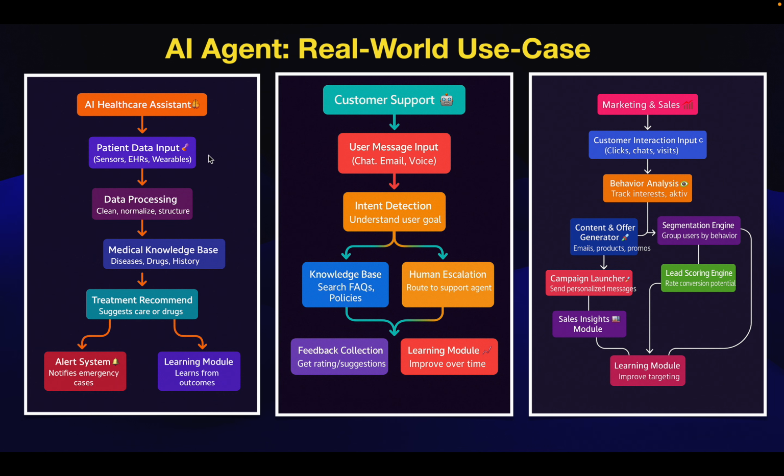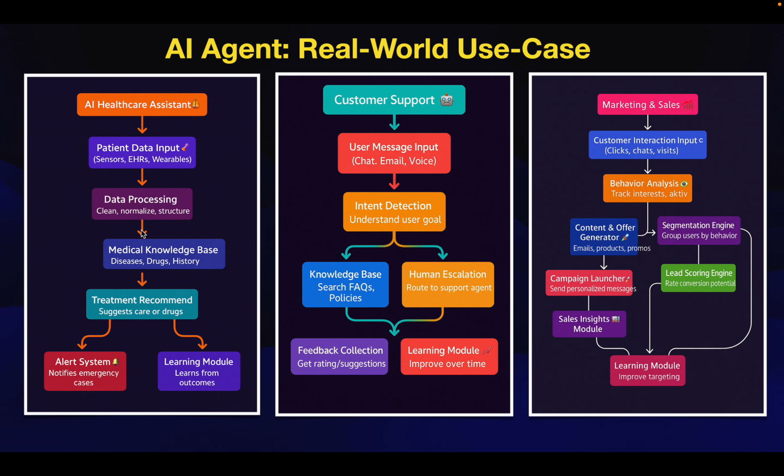First, we are talking about AI health assistants. Imagine an AI healthcare assistant that helps the doctor and patient behind the scenes. It begins with patient data inputs, taking input from digital records, sensors, and whatever they have. Next comes normalizing, which is basically data processing: normalizing and structuring, the way you have done in machine learning steps.